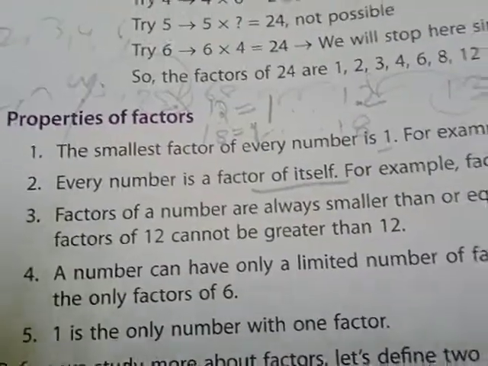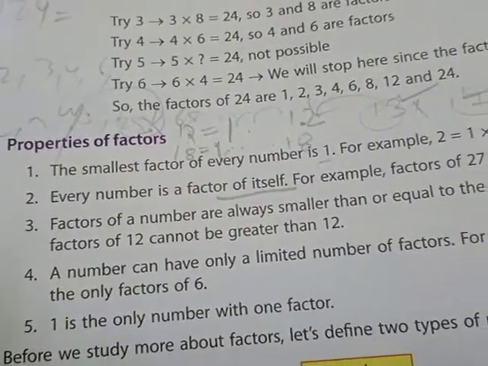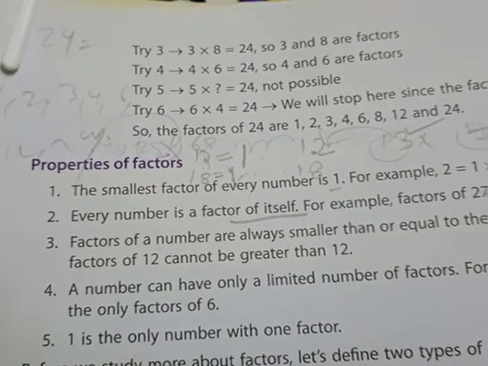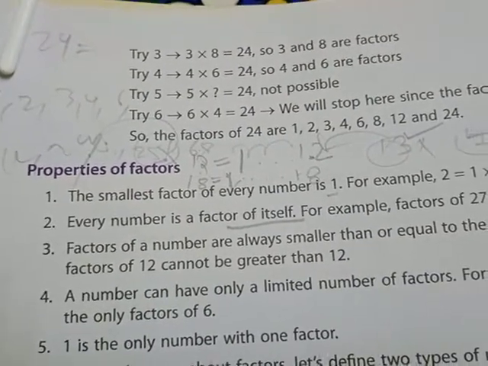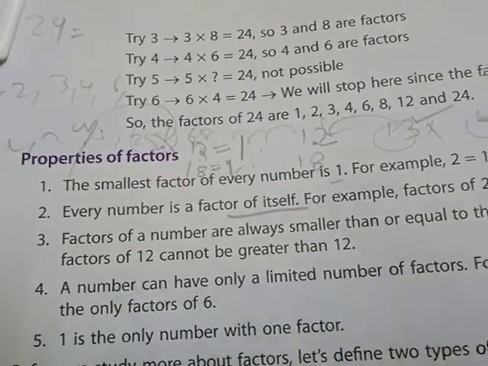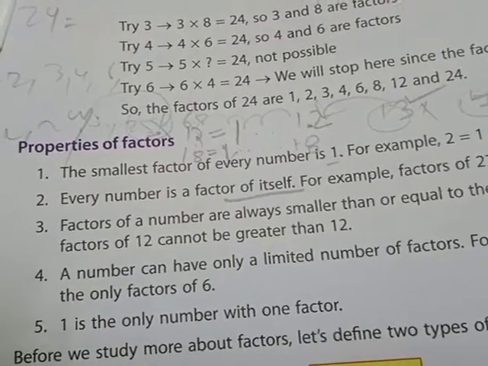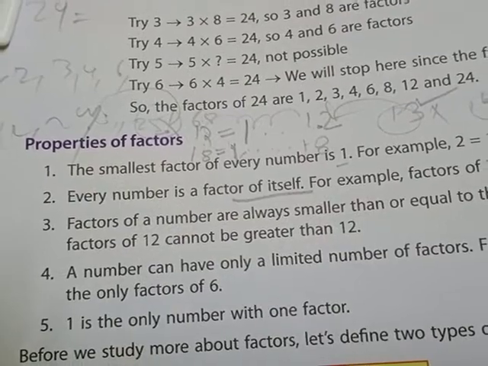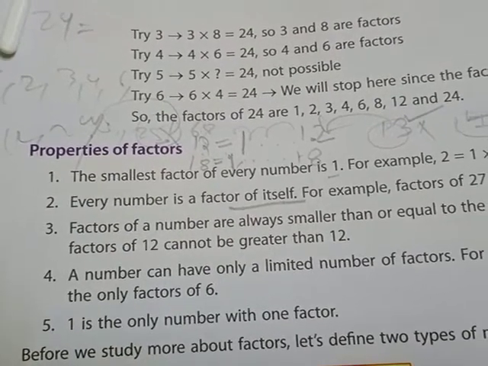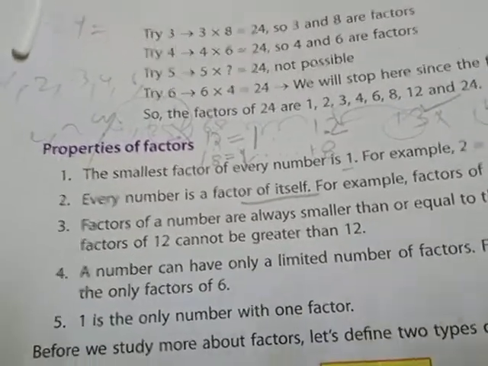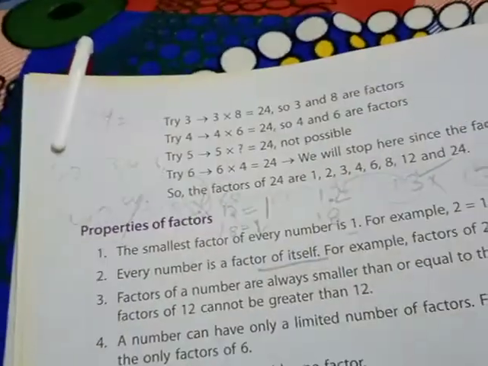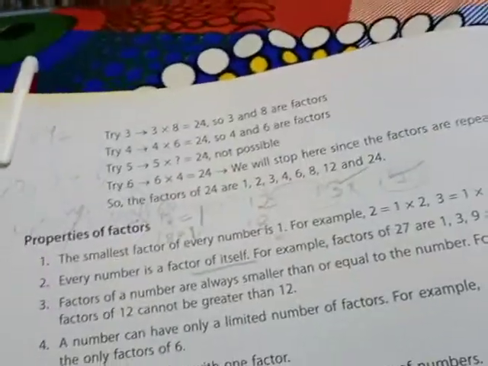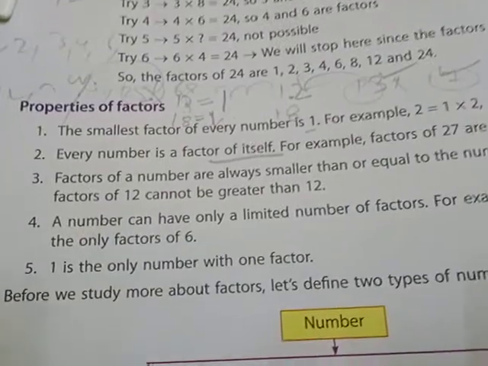So the third point states that the factor will always be smaller than or equal to the number whose factors we have to write. The number cannot be more. The factor can never be greater than that. Keep in mind this thing.